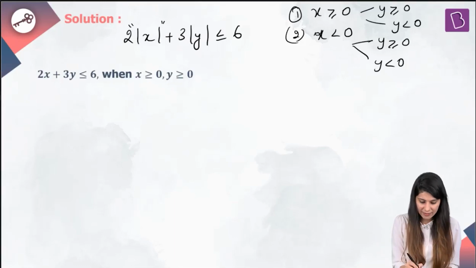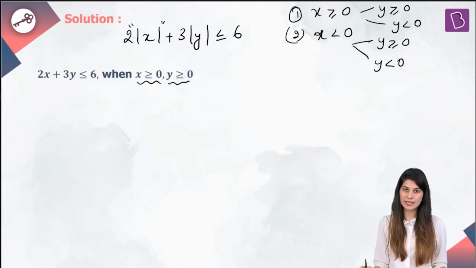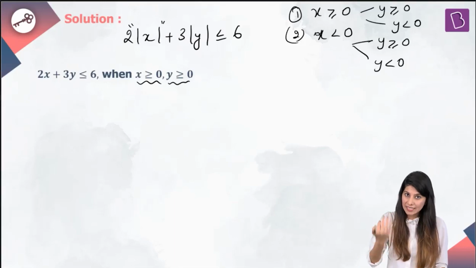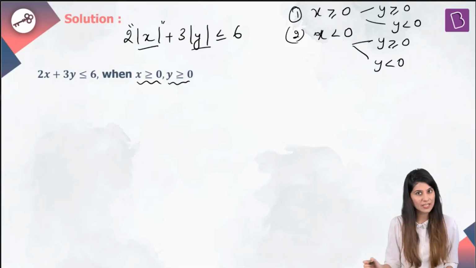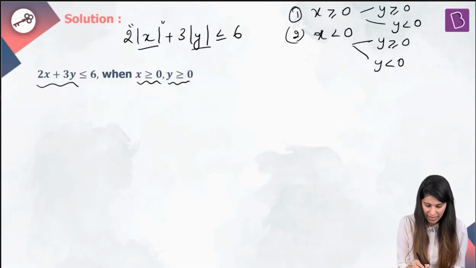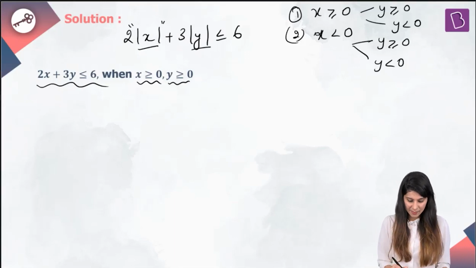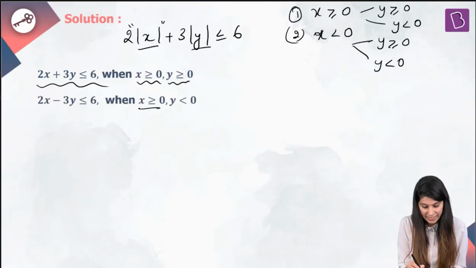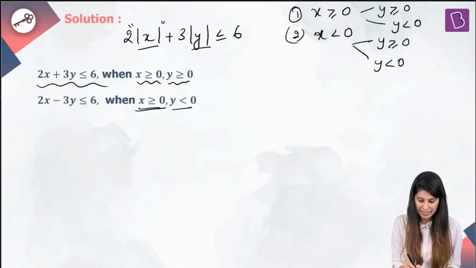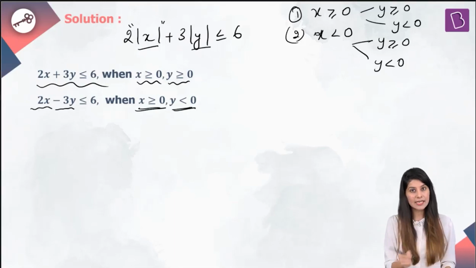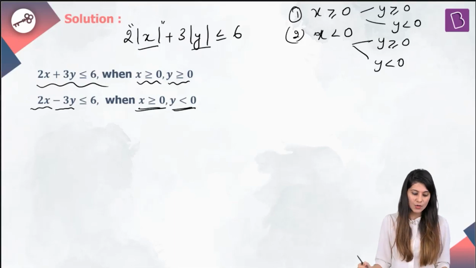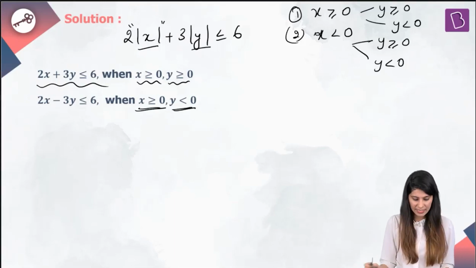Very first inequality: when x is greater than or equal to 0 and y is greater than or equal to 0, both the modulus will open with a positive sign, so what I have is 2x + 3y ≤ 6. Next, when x is still greater than or equal to 0 but y is less than 0, y will open with a negative sign, so 2x - 3y ≤ 6.